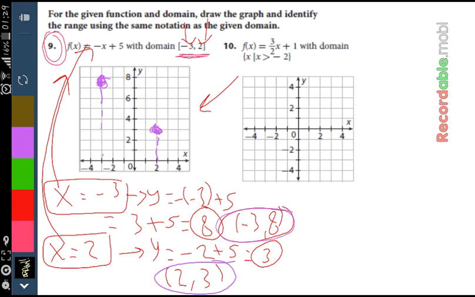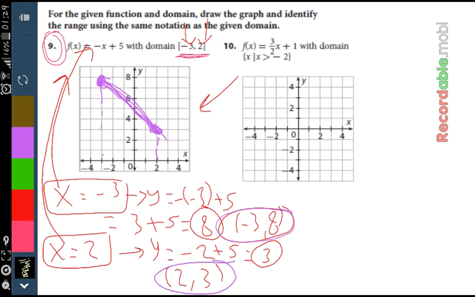Then I'm going to connect between them with a line, this line segment. This is supposed to be a line segment that describes the function graph for f of x equals -x plus 5. And I would like now to find the range of this function.